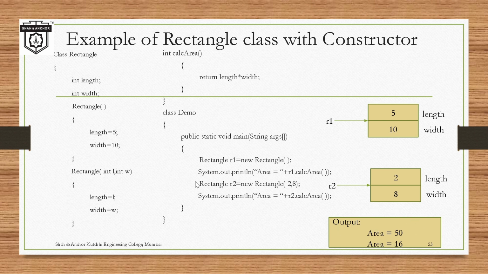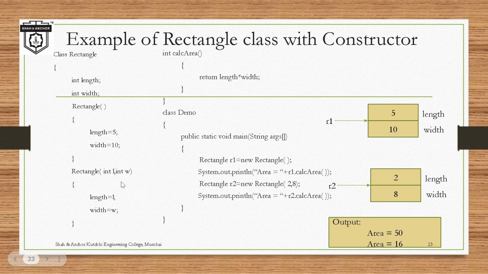In the second case, the second object is created as Rectangle R2 equal to new Rectangle(2, 8). As we are passing two parameters, both integer, the parameterized constructor with two integer parameters will get invoked. The matching constructor is Rectangle(int L, int W).